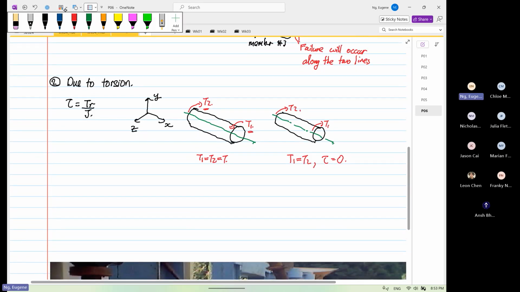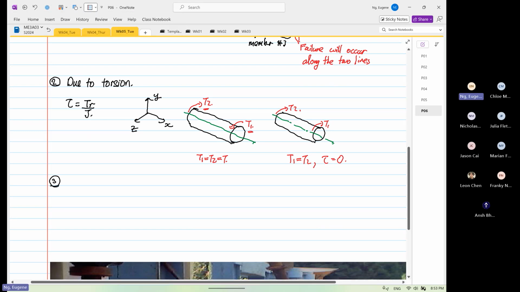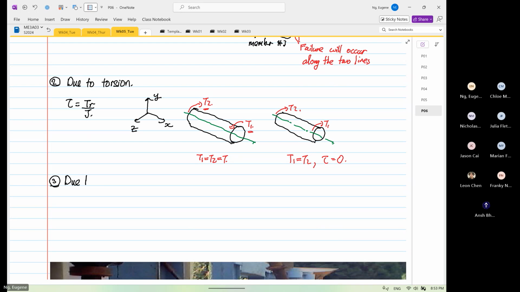So the third type, and you guys have seen the equation, is due to shear force. And the formula is shear stress is equal to VQ over It. So how does this work?